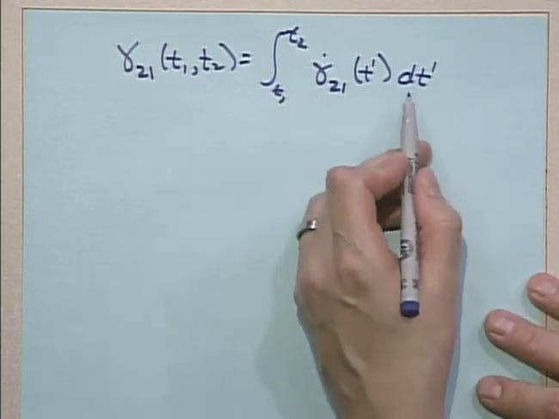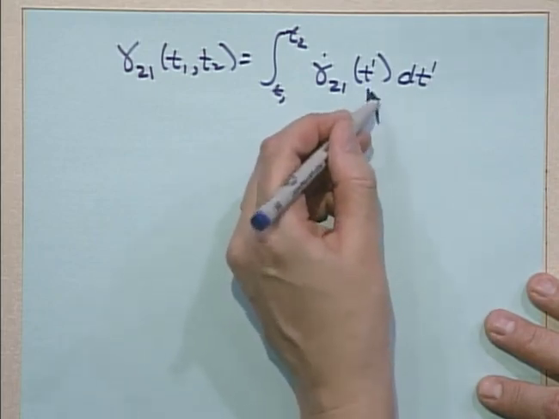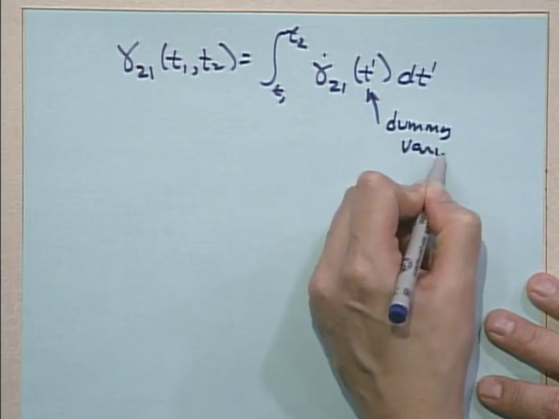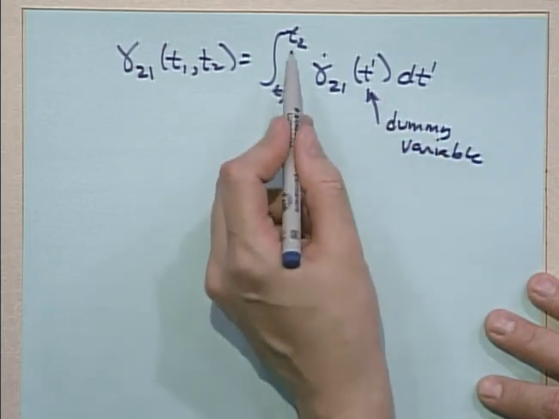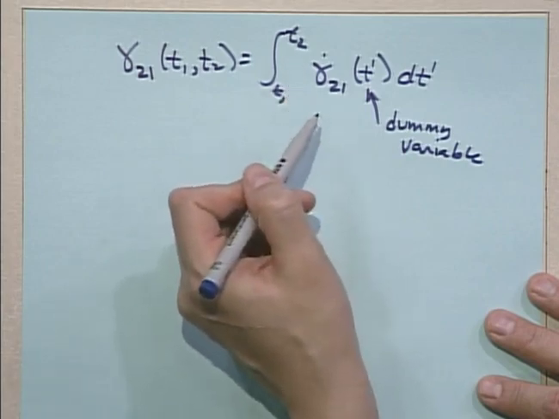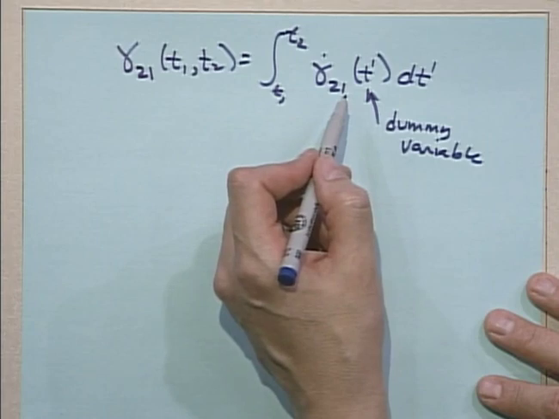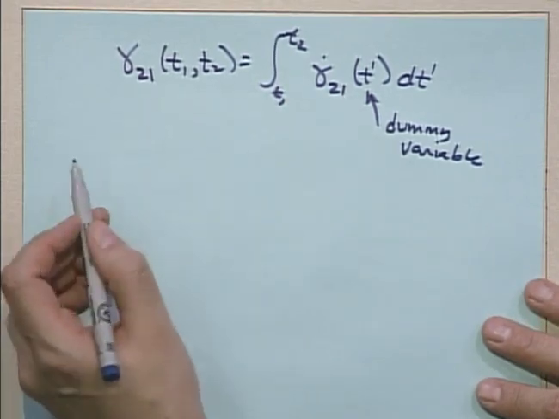This prime in the integral just indicates that this time is a dummy variable of integration. It's going to go away once I carry out the integration and evaluate between the limits. There will be no more t primes. T prime only exists inside this integral. Once I carry out the integral, it doesn't exist anymore.